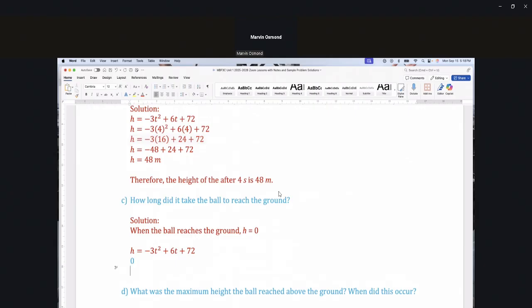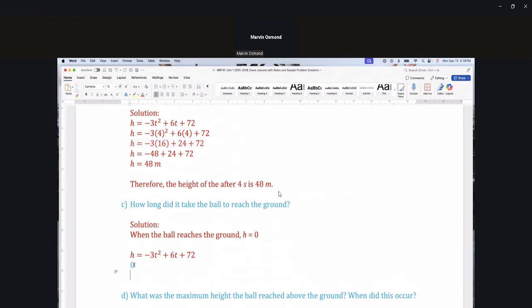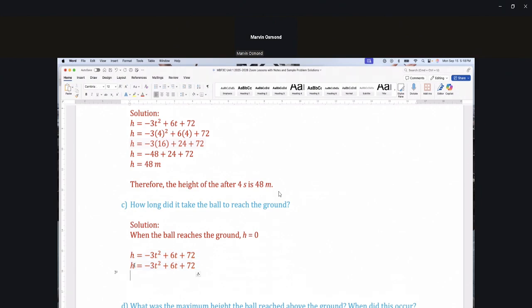Actually, let's do it this way here. So my H value is 0, and in that case, we're going to solve for T. So the only way we can solve for T, because it's a quadratic equation, because we have a T squared term and a T term, and so usually with all of these, there's going to be two possible answers, just like the ones we worked on a couple days ago.